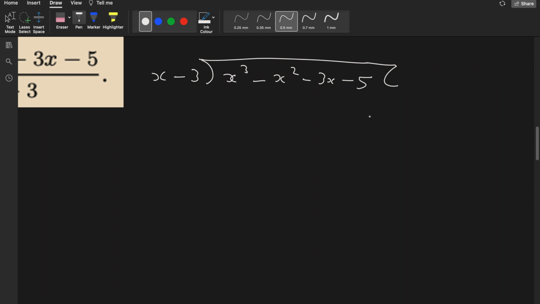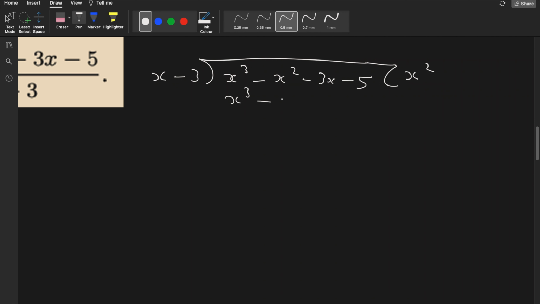Over here we'd get the value of the quotient. The first term would be x squared. When we multiply this into this, we're supposed to get the first term of the polynomial. So when we multiply x squared with x, we get x cubed, and then we get x squared minus 3.